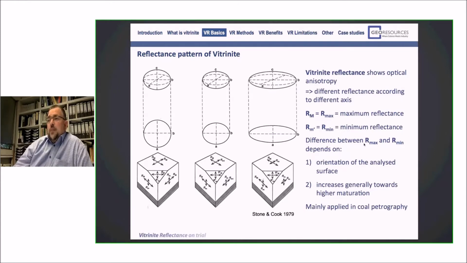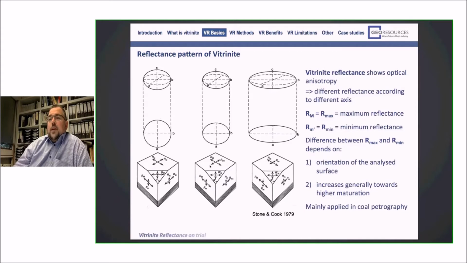The difference between Rmax and Rmin depends on two factors. The one factor is how you cut or orientate your analyzed surface, which you see here in this diagram. You have three different surface orientations. Here you have the maximum difference between Rmax and Rmin.